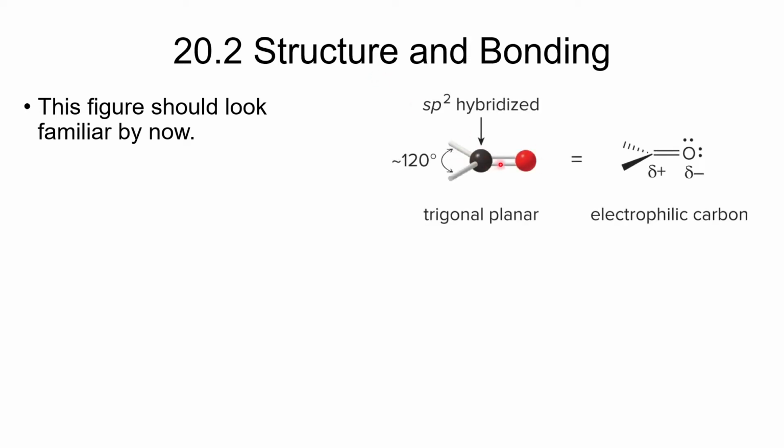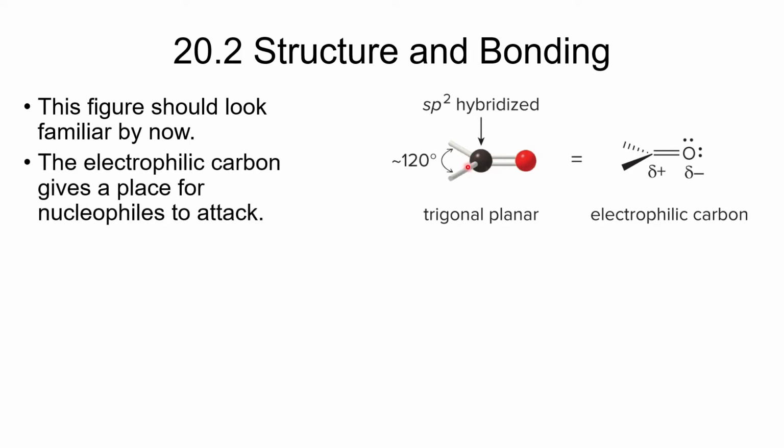All right, so this figure should look familiar by now. When we're talking about structure and bonding of carbonyl compounds, we're going to have an sp2 hybridized carbon with an approximately 120 degree angle. It's polar. That polarity imparts reactivity. Again, this is something that we've talked about many, many times.